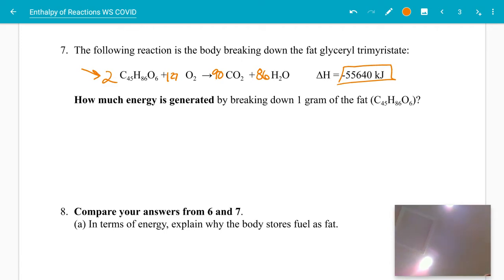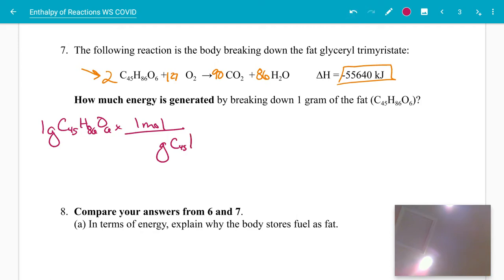So we're going to start it in exactly the same way that we started the last problem. It's a simple stoichiometry problem. So 1 gram of C45H86O6. Holy cow, have we ever seen such a big molecule? And we want to convert that into moles. So we're going to put the grams of it on the bottom. And yes, that is some messy handwriting, kJ.